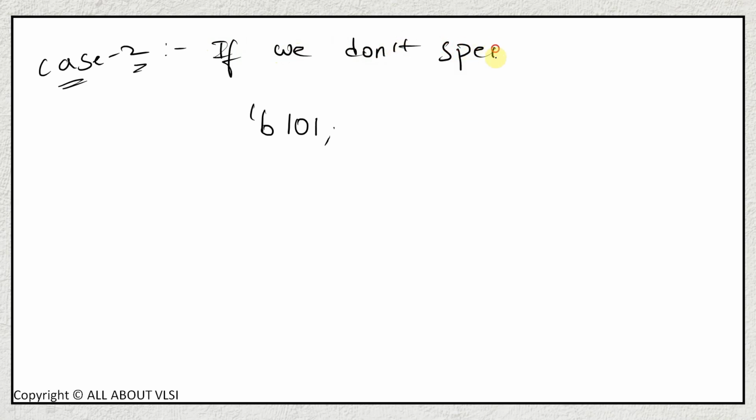Now let us consider another case, case 2. Let's say we have a number represented in Verilog like this, tick B101. What do you think the size of this particular number is, that is, the number of bits the compiler is going to consider if you do not mention any size?